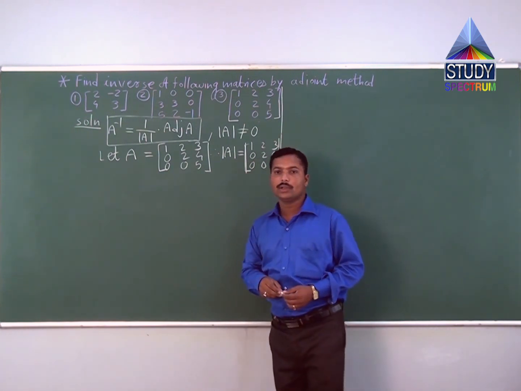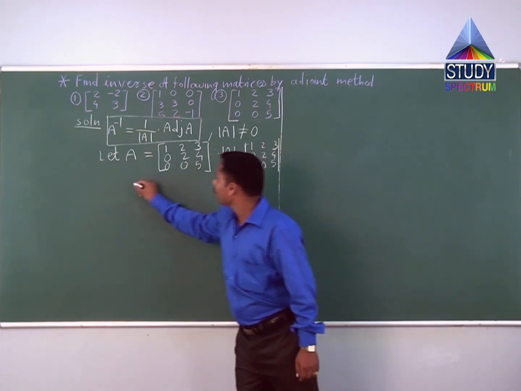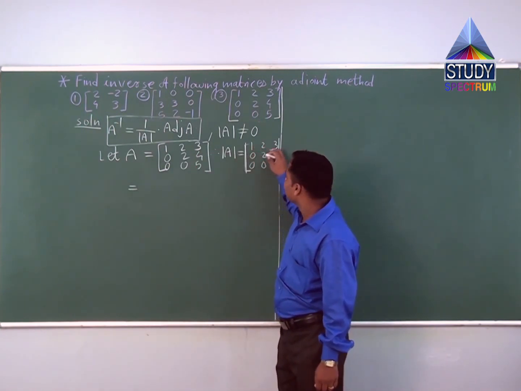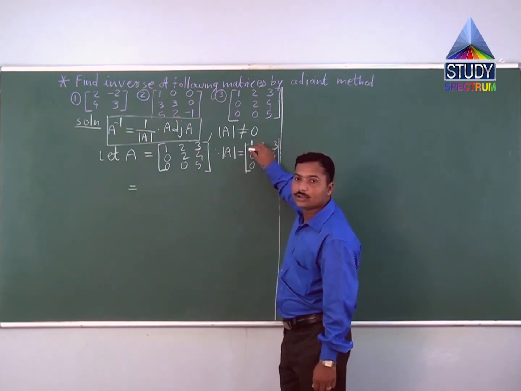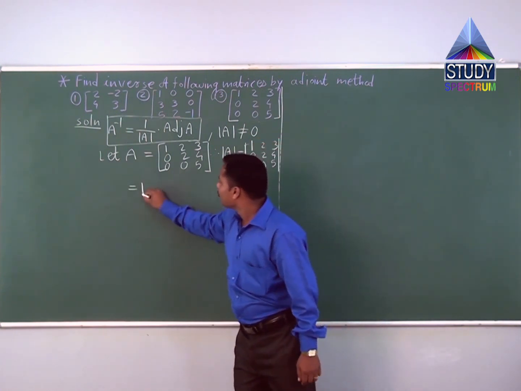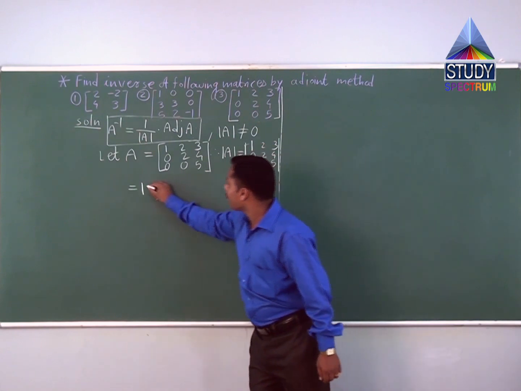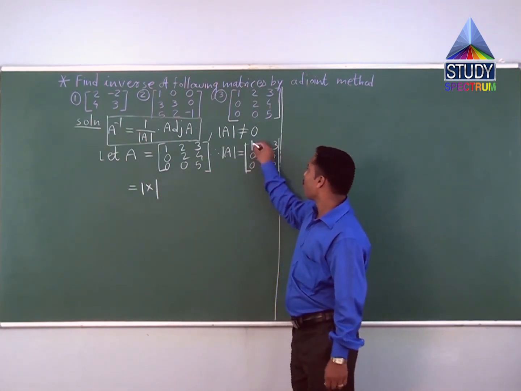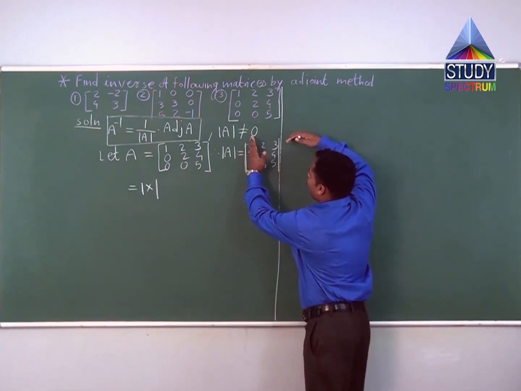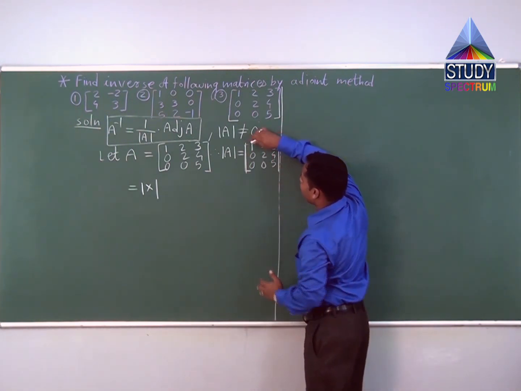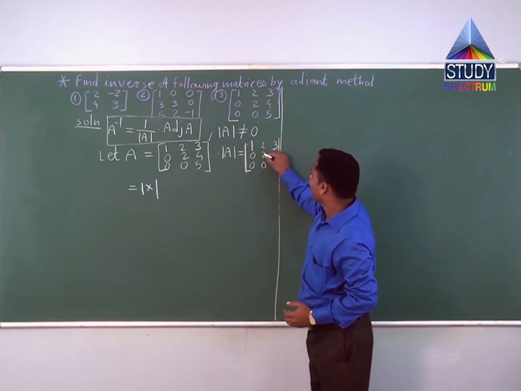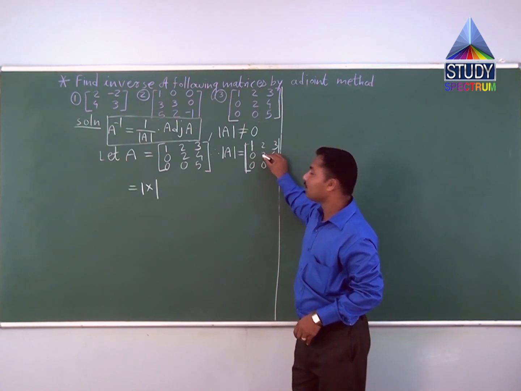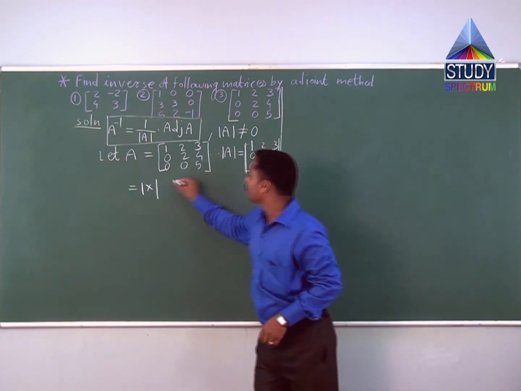So this is a determinant sign. Again, how do we find the determinant? Using only the first row. So 1 into the minor of 1. So delete the column and row passing through 1. What remains? 2, 4, 0, 5. So take the determinant of the remaining numbers 2, 4, 0, 5.